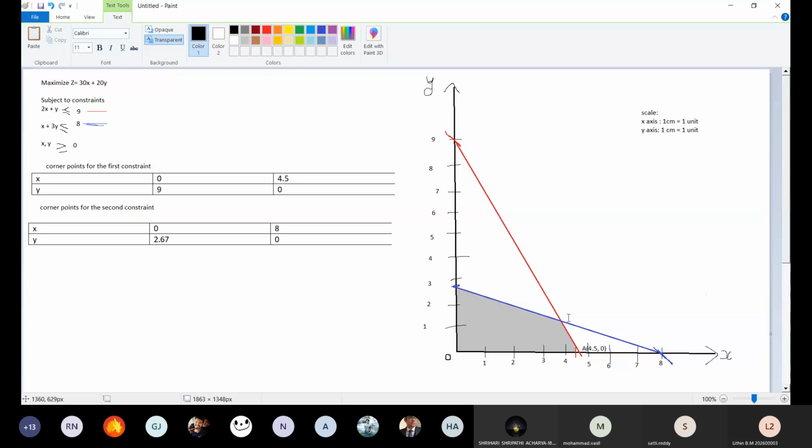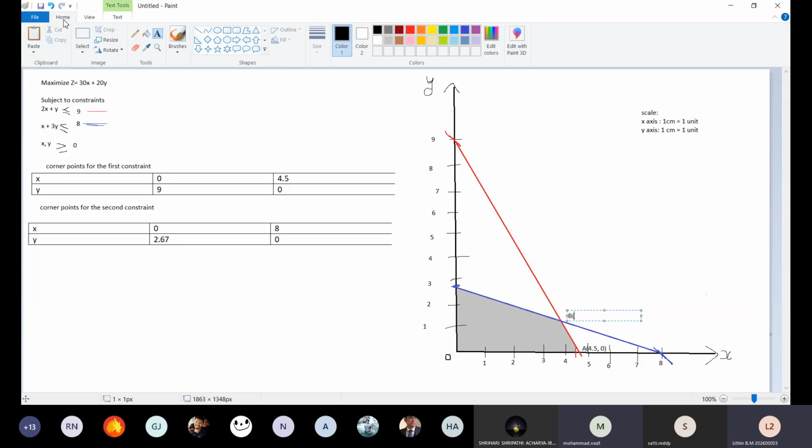So now P. What could it be? 1.8 maybe. Wait, let us check if this is 1.8. Okay, it comes somewhere. What is x? Can I write 3.8?